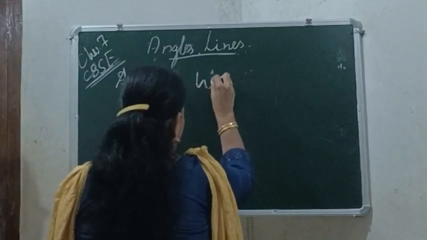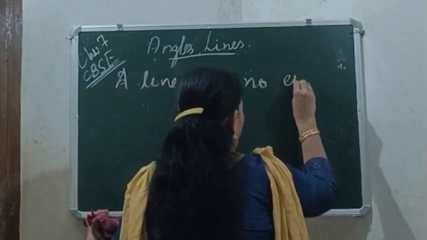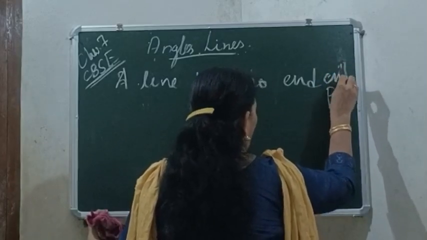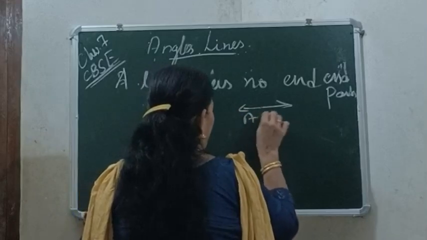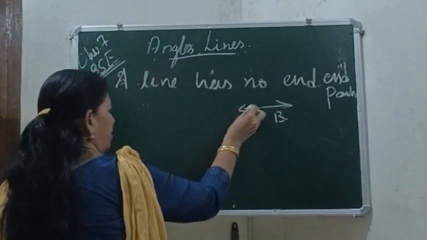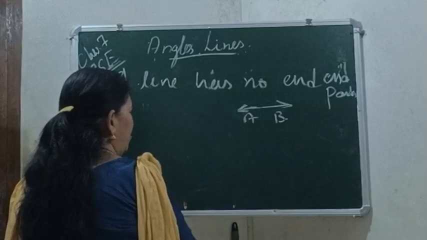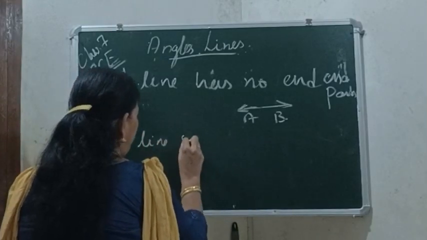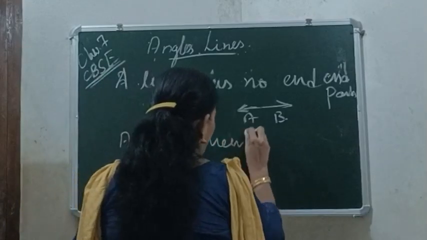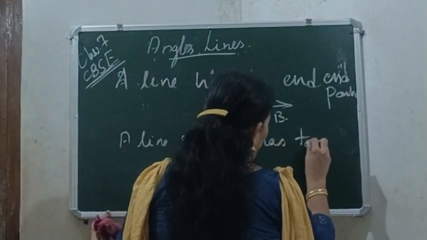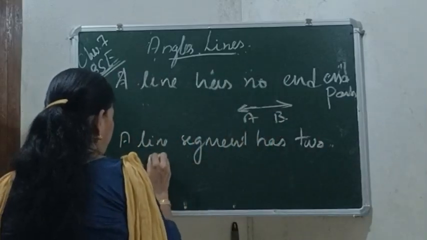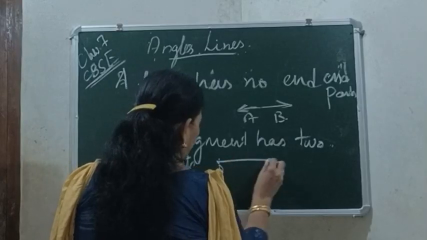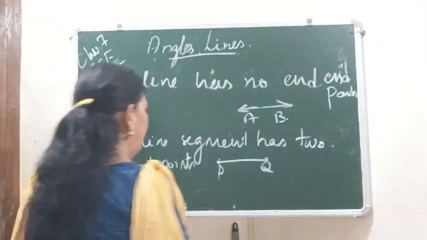A line has no endpoints. It goes to infinity. Example AB. This arrow mark shows it goes to infinity. A line segment has two endpoints. In PQ, P and Q are the endpoints of this line segment.